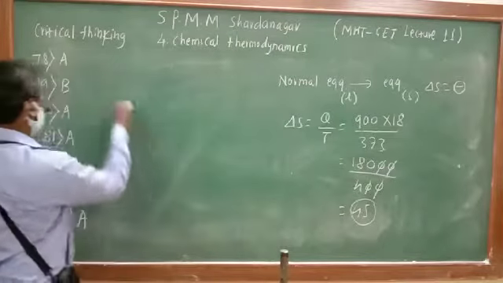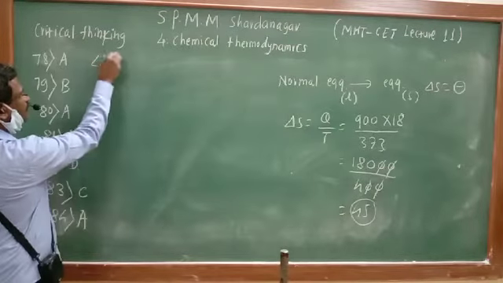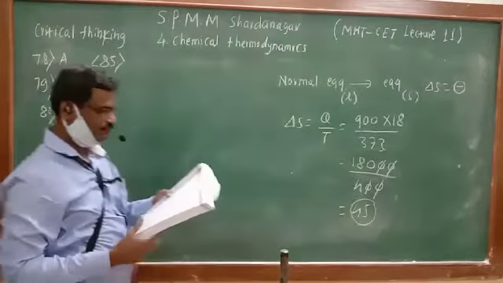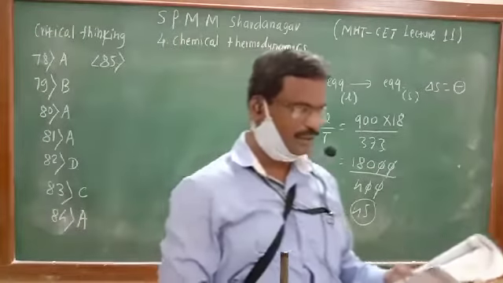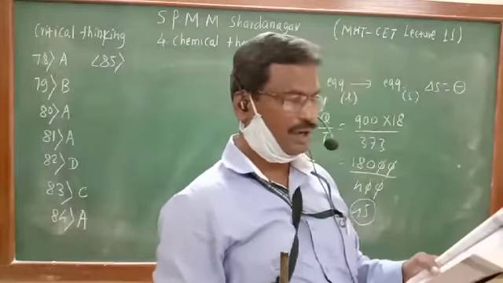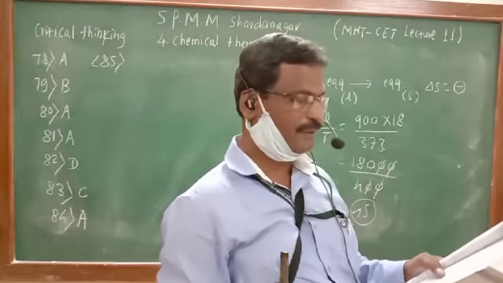Now question number 85. 9 gram of water is vaporized at 100 degrees Celsius and 1 atmospheric pressure.